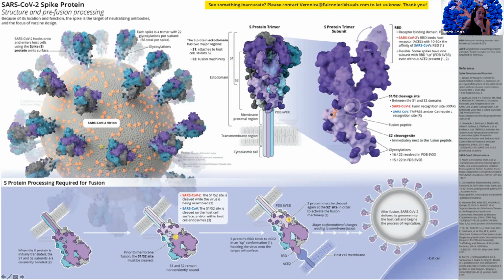It only has one type of glycoprotein on its surface, the so-called spike protein. It's significantly larger than the proteins on the influenza virus, and it has significantly more complications, in particular in the form of glycosylations.